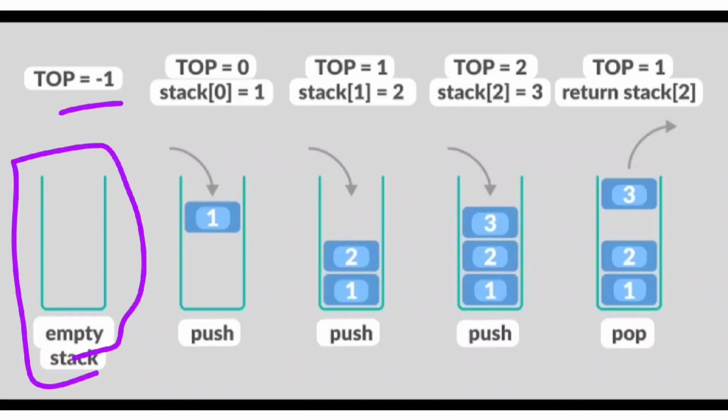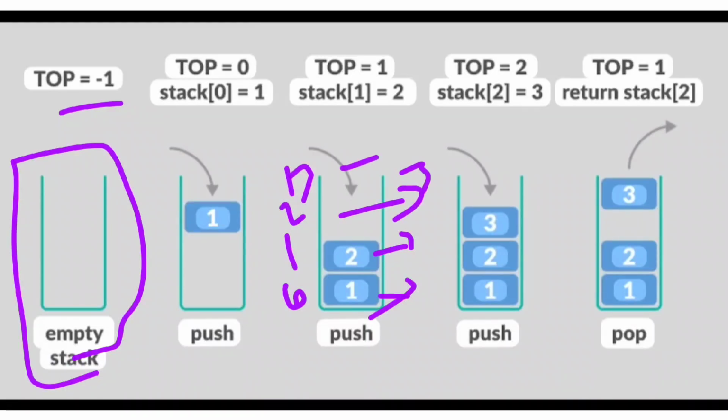So stack 0, stack 1, stack 2, 3. That means 0, 1, 2, 3. In stack 0 I'm going to insert the value 1, in stack 1 I'm going to store the value 2, in stack 2 I'm going to store the value 3, and in the next one we can store another new value, for example 4.